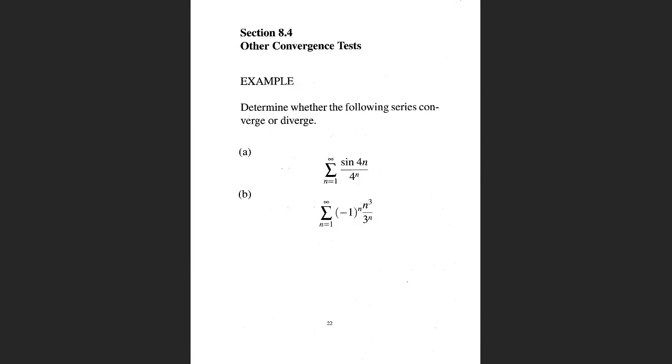All right, let's take a look at this series here. Okay, we have the series where n equals 1 to infinity of -1 to the nth power times n cubed over 3 to the nth power. Now, what can we say about this series?